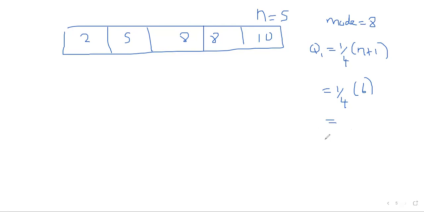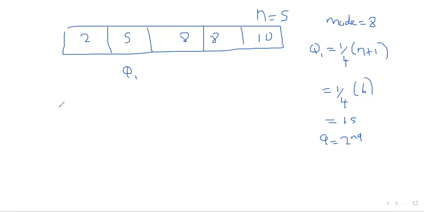The nearest, this is the second number. So our second number is 5. The number is 5. So this is our Q1.